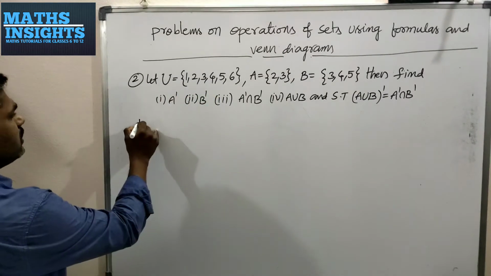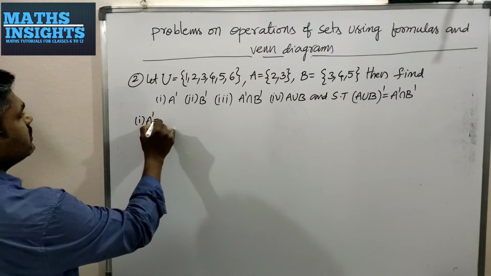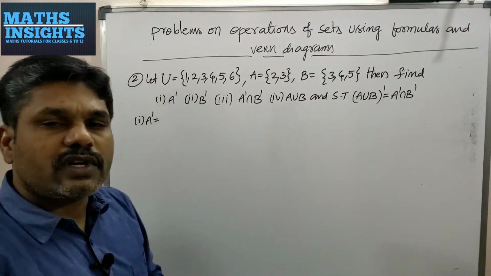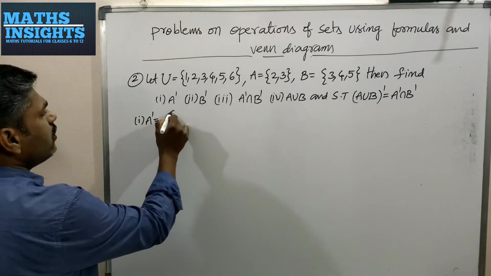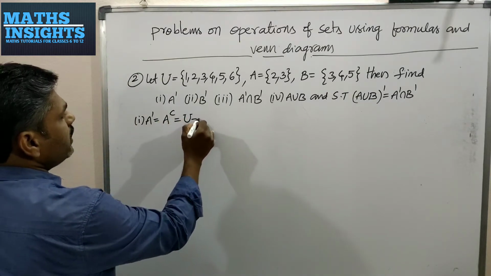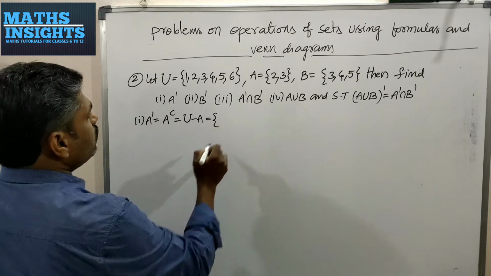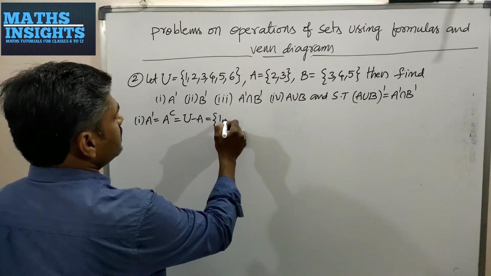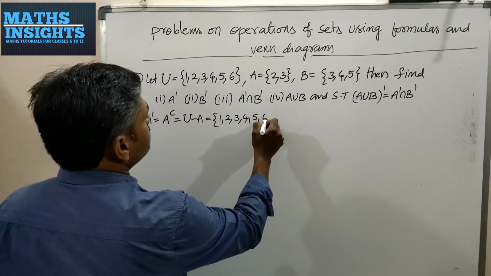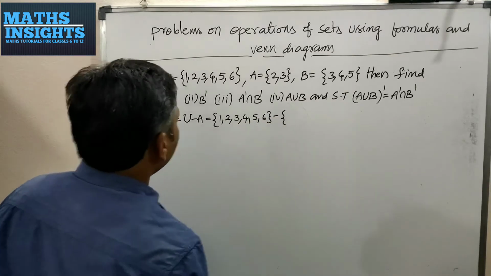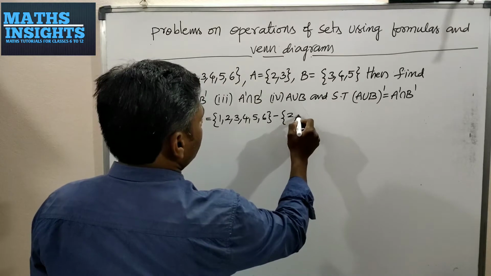The first one, you know very well: A dash is nothing but you have to subtract A from the universal set. Otherwise, you may write it as A complement also. U minus A. You have to write the elements of the universal set first, those are 1, 2, 3, 4, 5, 6, minus the elements of A, so 2, 3.